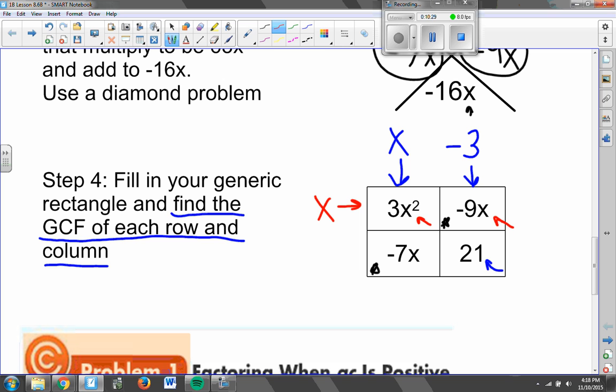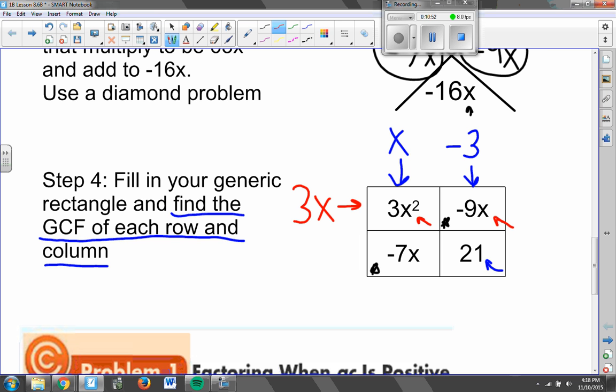And then if I look at my numbers, it's 3x squared and negative 9x. I know a 3 is going to be involved somehow, so I will take out a 3x, because 3 is 1 times 3 and 9 is 3 times 3, so a 3 is common.